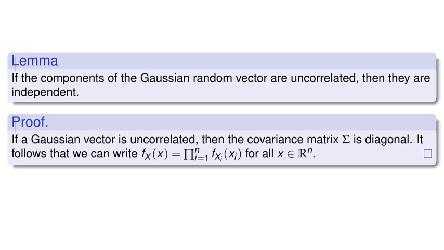Each term is the density f sub xi of xi for a Gaussian variable xi with mean mu i and variance sigma i squared. Therefore, f sub x of x equals the product from i equals 1 to n of f sub xi of xi, which confirms the independence of the components xi. With this, we conclude the lecture.